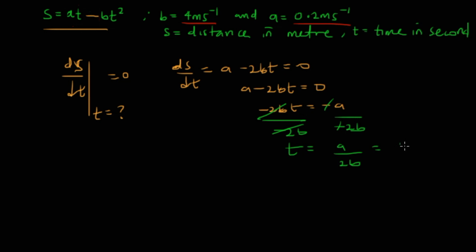Notice that a is 0.2 and b is 4. So that implies 0.2 upon 8, and of course that is 0.025 seconds. So that's the time at which the particle will be at rest.